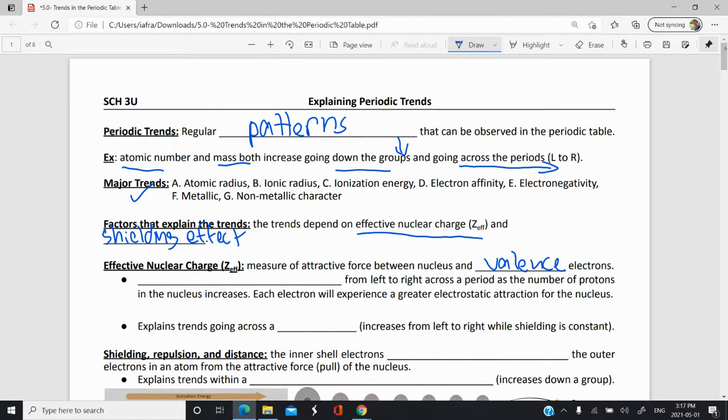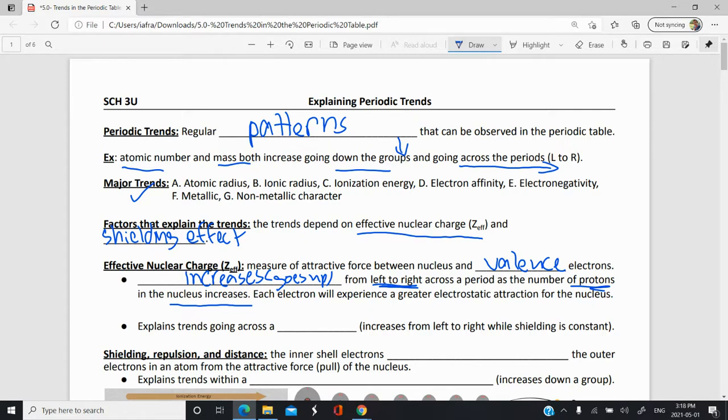And usually the effective nuclear charge goes up from left to right across a period. That's because the number of protons in the nucleus increases and the shell number stays the same within that period. So each electron is going to experience a greater force from the nucleus just because there's more protons in the nucleus as you go from left to right.